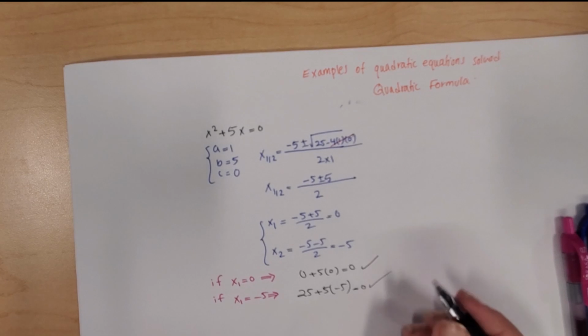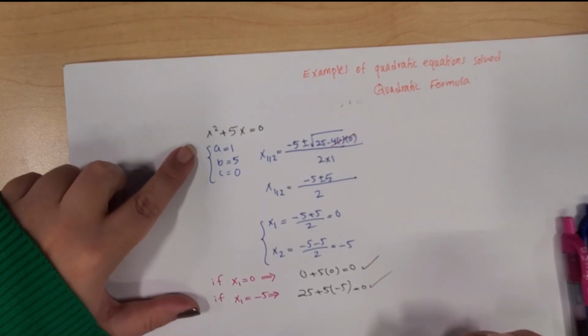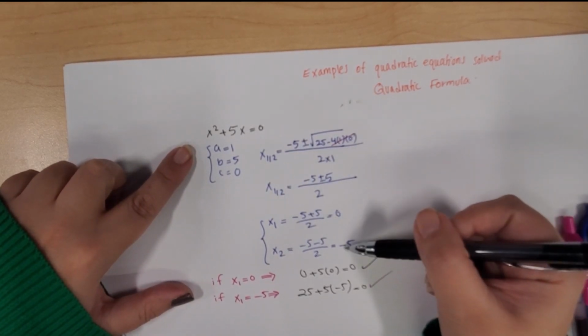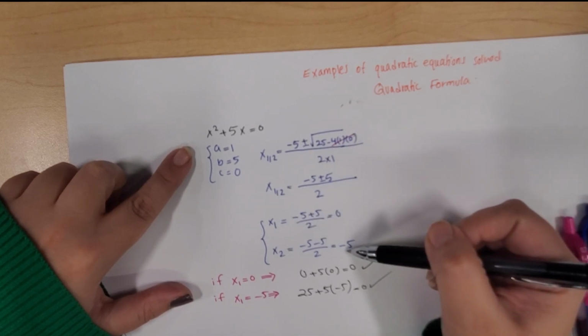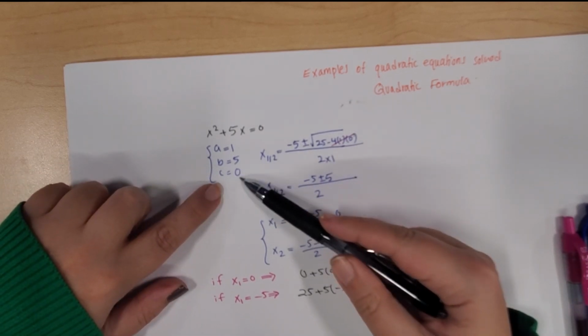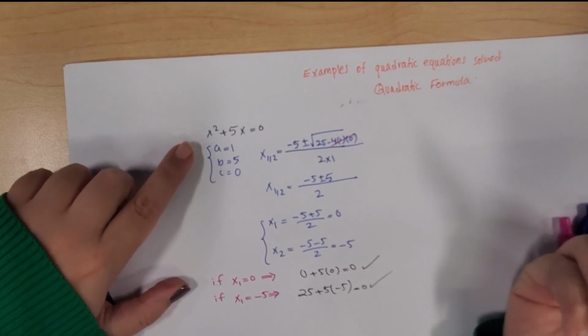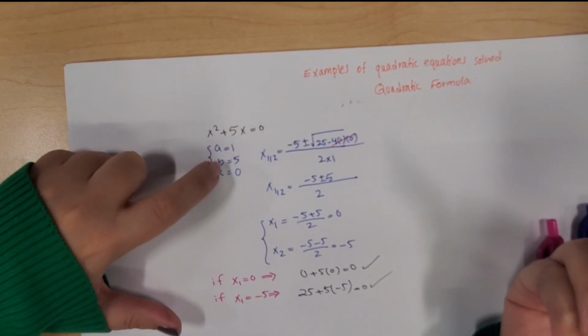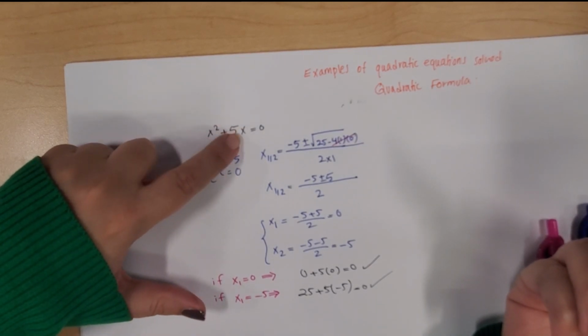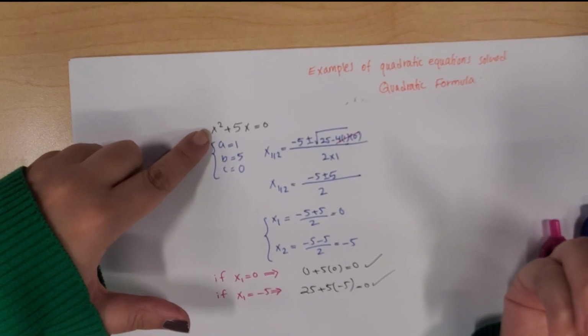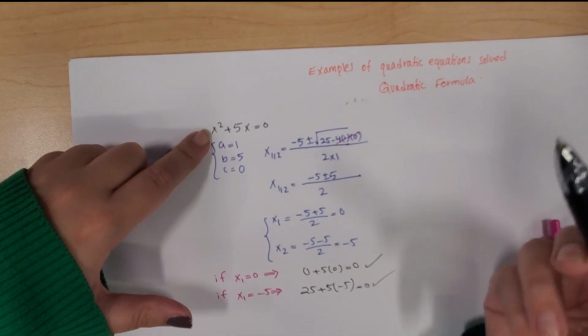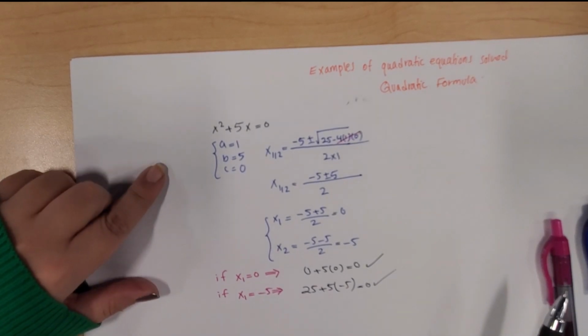So both answers are correct. So 2 answers, 0 and negative 5, and as you can see, c is 0. So either b or c could be 0, but a can never be 0, because if it's 0, then it turns into a linear equation. It wouldn't be quadratic anymore.